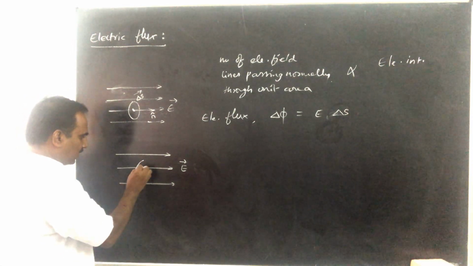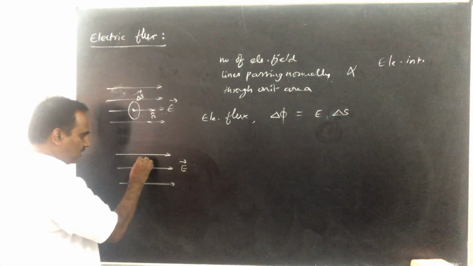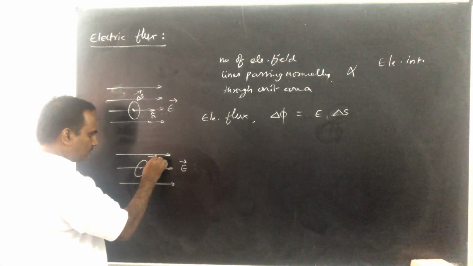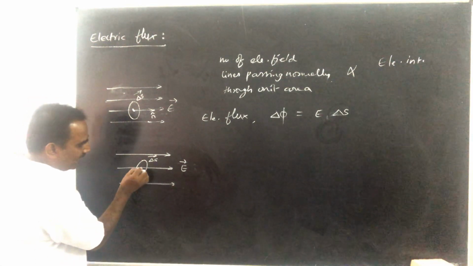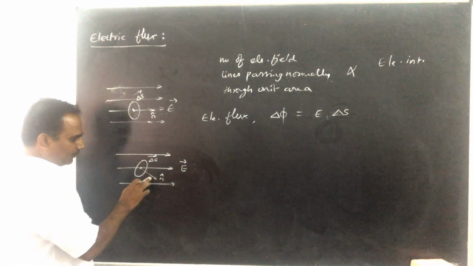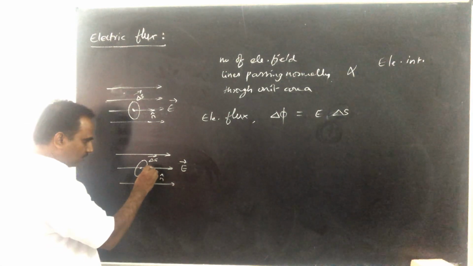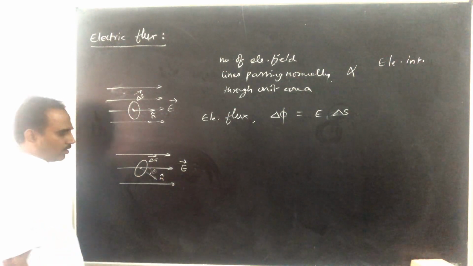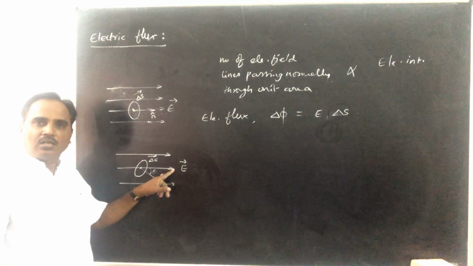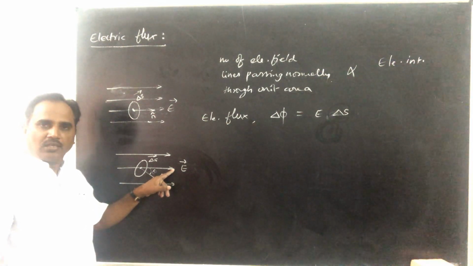And this area, this is the point where the electric field is E, and this area delta S is like this. The direction of this area vector n cap is like this. That means this area vector makes an angle theta with the direction of electric field.